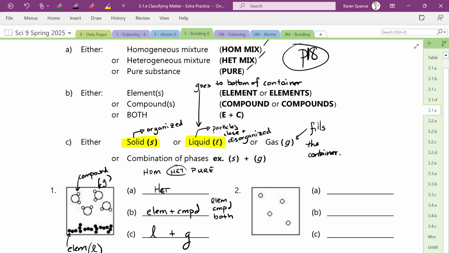That's supposed to be the same as those ones. It didn't turn out very well. You would get that water, yes.